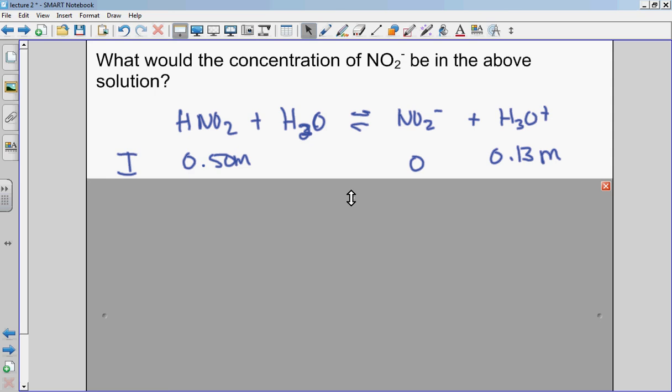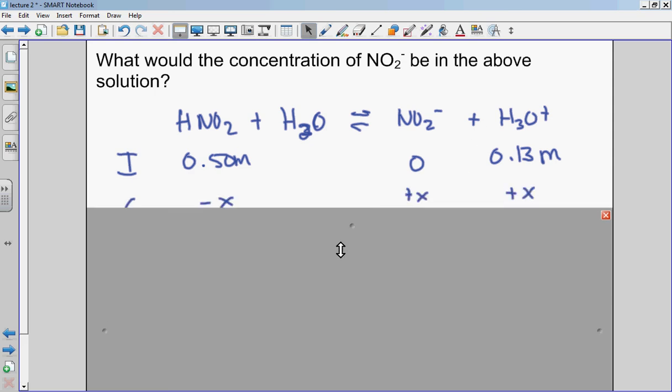In actuality, this is a simultaneous process. But because it is a stronger acid, it'll essentially establish the H3O plus concentration. So what we'll have is we'll have some initial concentration of H3O plus. This whole thing still has to come to an equilibrium state and has to satisfy the equilibrium condition.